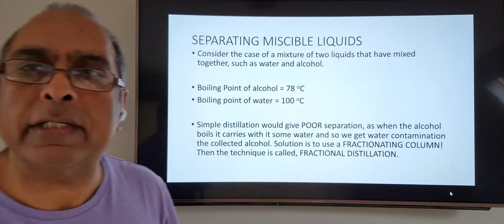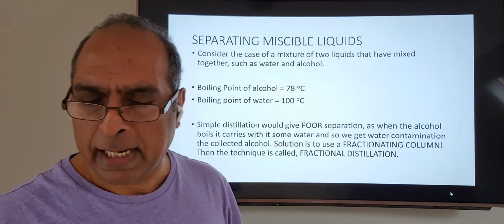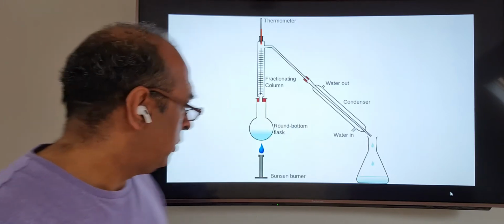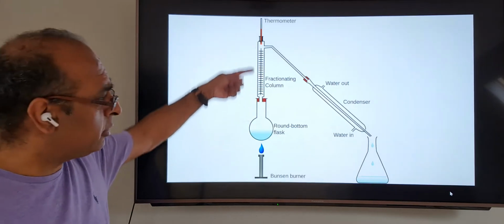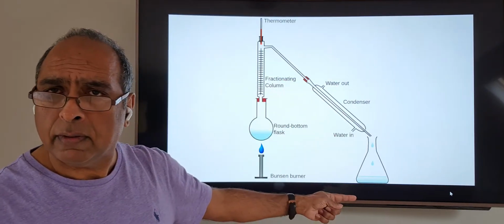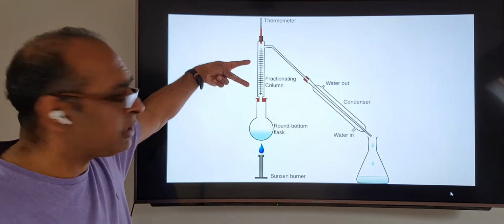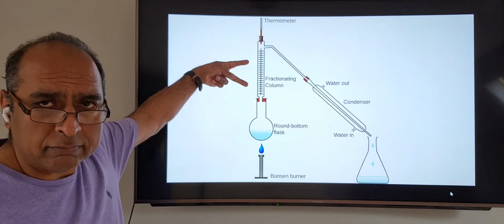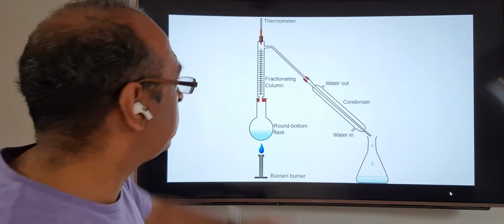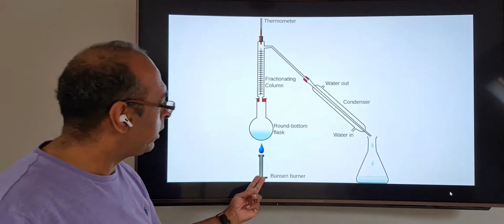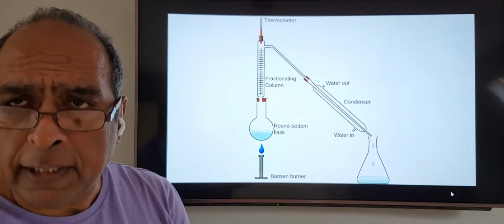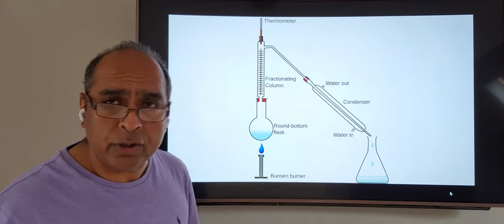So let's have a look at what the apparatus is and how it works. It's pretty similar to the previous apparatus, the difference is this fractionating column. So imagine this, there's still the thermometer, there's the alcohol and water mixture. We're going to boil the mixture using a Bunsen burner.